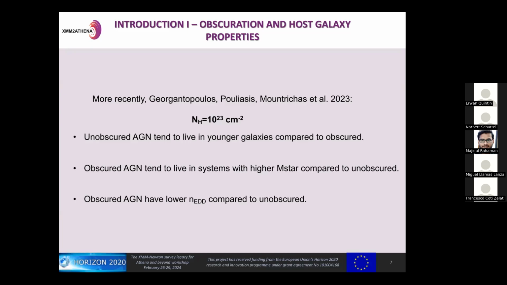Specifically, we used NH 10 to the 23rd, and we found that obscured AGN tend to live in younger galaxies compared to unobscured, using this spectral index that I mentioned earlier. And in agreement with the previous results, we found that obscured AGN tend to live in systems with higher stellar mass compared to unobscured. Perhaps the most important, from a statistical point of view, result of this paper was that obscured AGN also have lower Eddington ratios compared to unobscured.